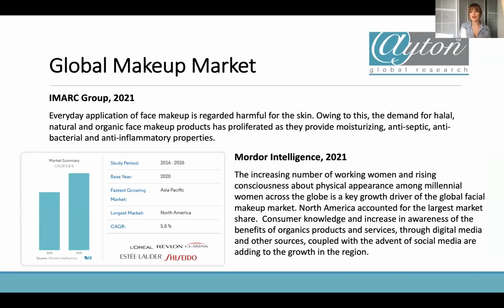Generally, makeup has been regarded as harmful to the skin. Obviously it can clog pores, and it can cause things that aren't necessarily beneficial. With foundation, people are often looking for things like oil-free, non-comedogenic, making sure we're not blocking up that skin. But generally, it's not seen as something that's very beneficial to the skin.